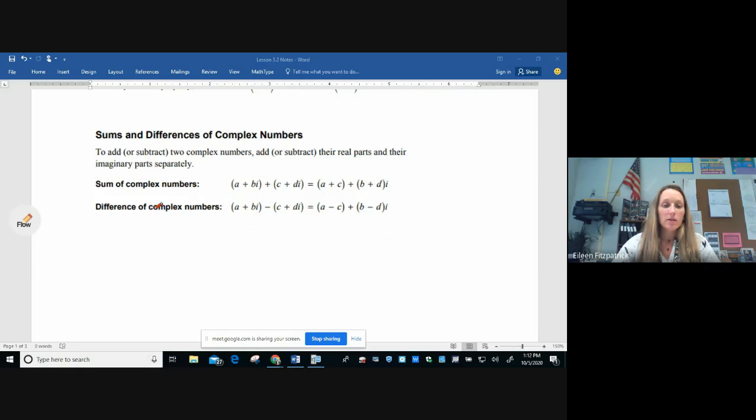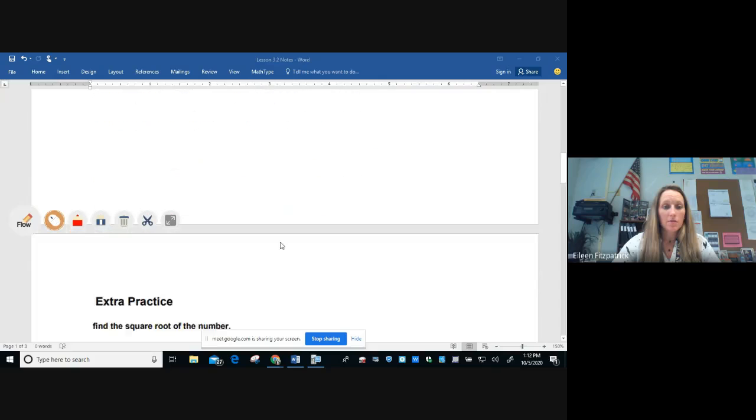When you're adding or subtracting these complex numbers, you're going to find like terms. a is the real part, c is the real part, so you add them together. bi is the imaginary part because it has the i, and di is the imaginary part, so you add those together, adding their coefficients. The same thing is true for subtraction. Just make sure you distribute the negative into the parentheses if there is a minus sign before you drop the parentheses. All right, let's keep on moving down.